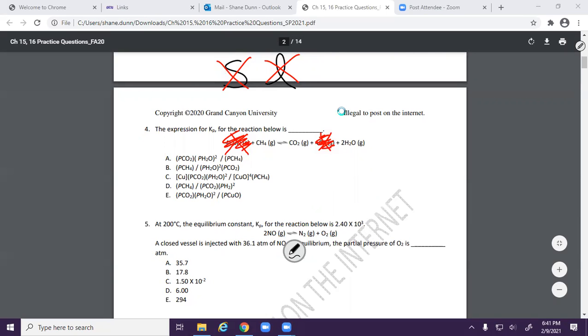So remember, Kp value, products over reactants. So what are my products? H2O, good. Is that done yet though? No. That 2 right there is an exponent, so it's squared. Good, what else do we have?